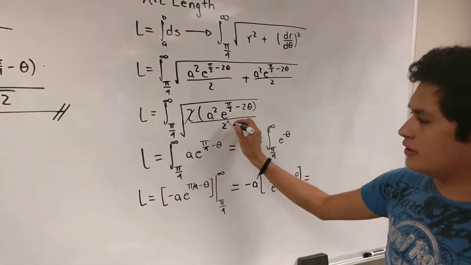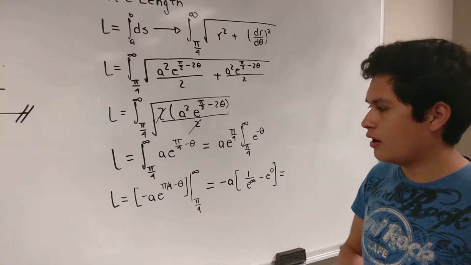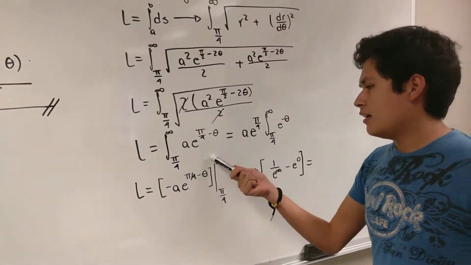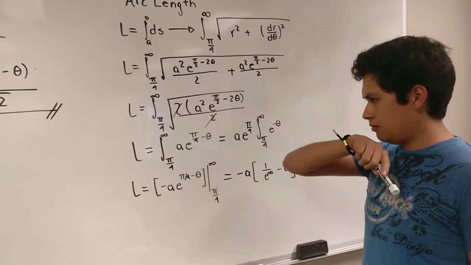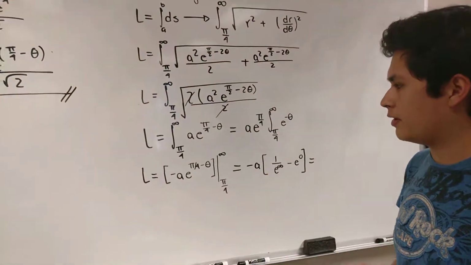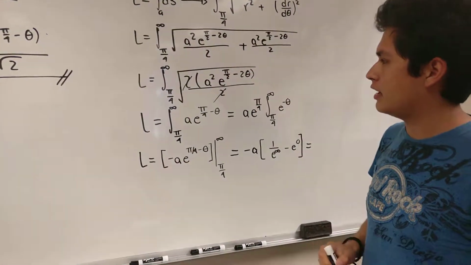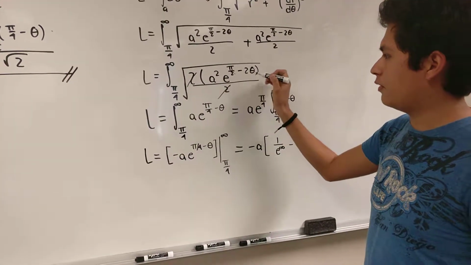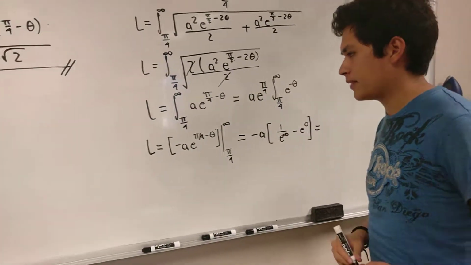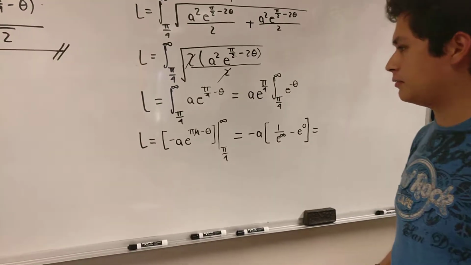Here the 2's cancel out, and now we take the square root of everything, so this 2 cancels out, this turns into 4, and this 2 is erased.